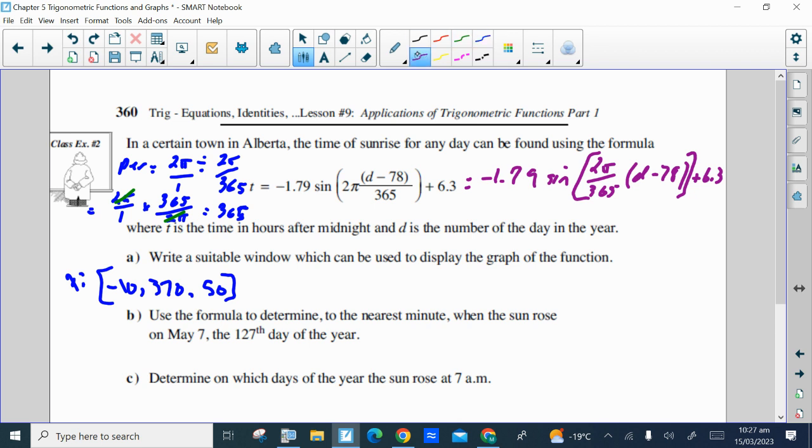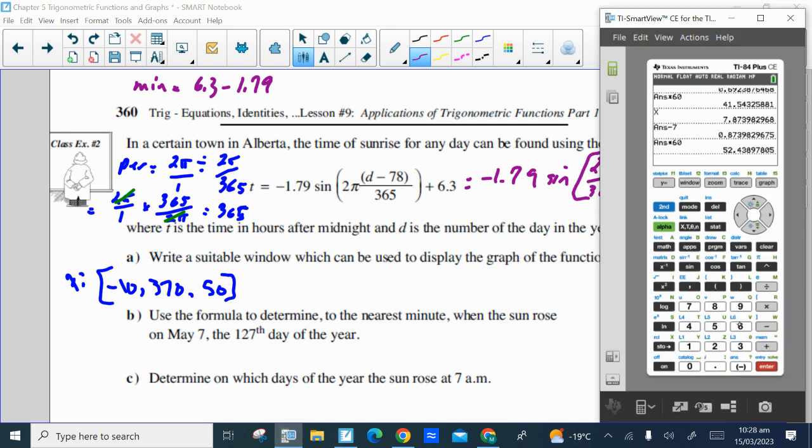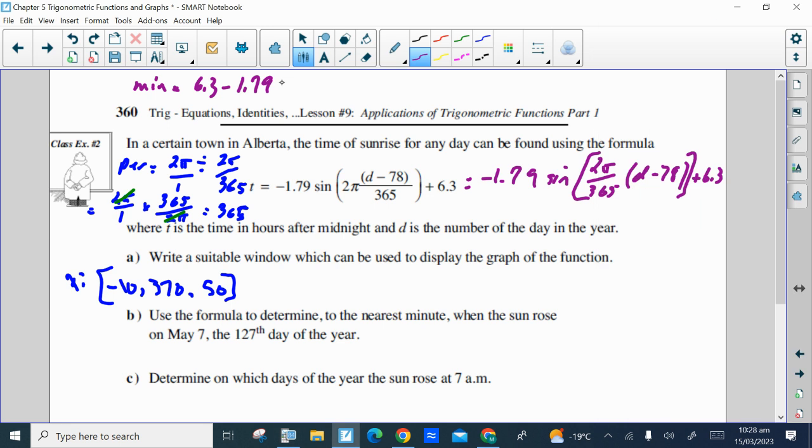To find what our y windows will look like, we need to know the min and the max of this function. Remember, the min is found by taking d, which is 6.3, and subtracting a, the amplitude, 1.79. So 6.3 minus 1.79. There's our minimum, 4.51.